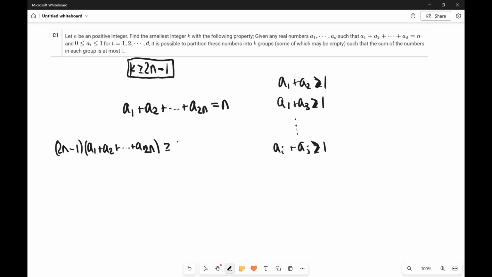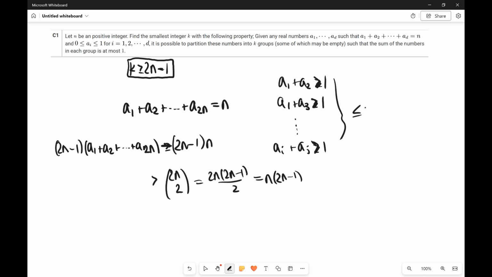And this is equal to 2n minus 1 times n, and it's greater than, because we're summing 2n choose 2 pairs. But 2n choose 2 is just 2n times 2n minus 1 over 2, which is n times 2n minus 1. So n times 2n minus 1 is greater than n times 2n minus 1. And that's a contradiction.